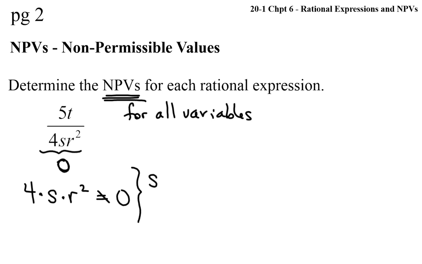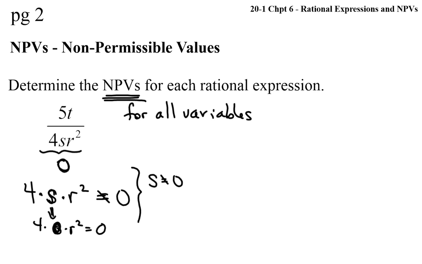So in this case, s can't be what? Well, what would s be to create a value of 0? Well, if s was 0, we would have 4 times 0 times r squared. Anytime I multiply by a 0, I get 0. So in this case, s cannot equal 0.